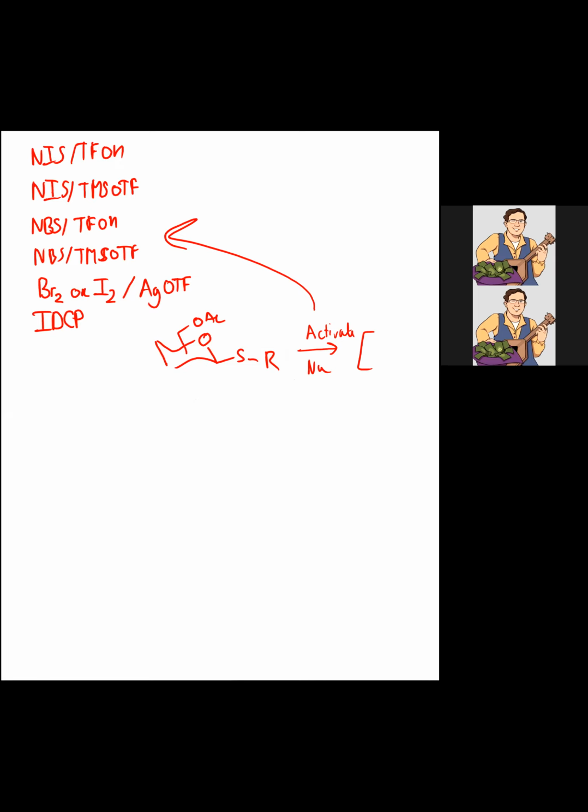And we go through an oxocarbenium, which I guess if you have acetates will be C2 anchimeric assistance, and this will lead to the product, which will be beta because of C2 anchimeric assistance.